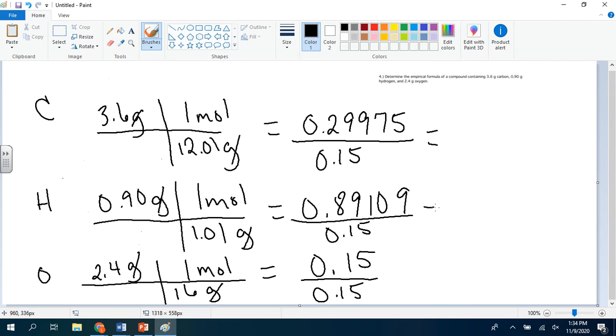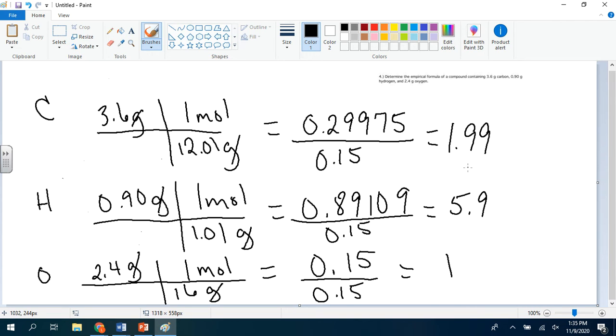Okay, that means this one will be 1. Okay, so I'll do this one in my calculator now. 0.8910 divided by 0.15. I highly encourage you to do these along with me in your calculator. Okay. 0.29975 divided by, okay. All right. So we need whole numbers.